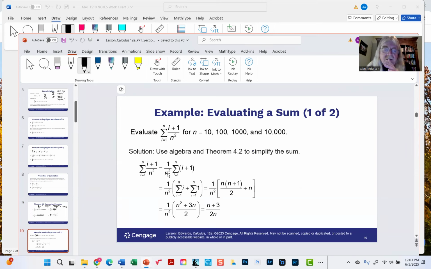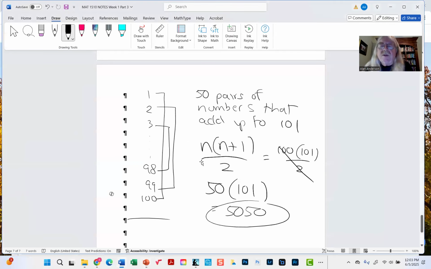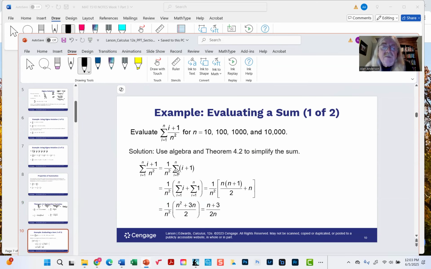Now the n is a constant, so we can move that on the outside. And now we have a formula for the sum of the i's, but not i plus 1. Not a problem. We already know that one of the properties of the summation operator is that we can break this up into two sums. Look how this is a very clever result, I must say. Very clever.